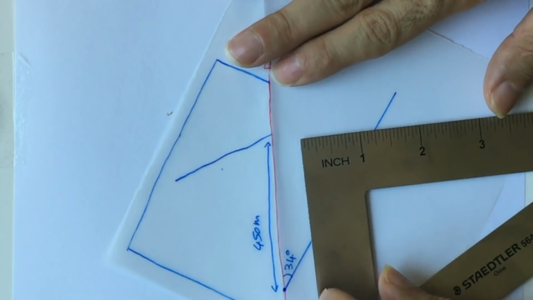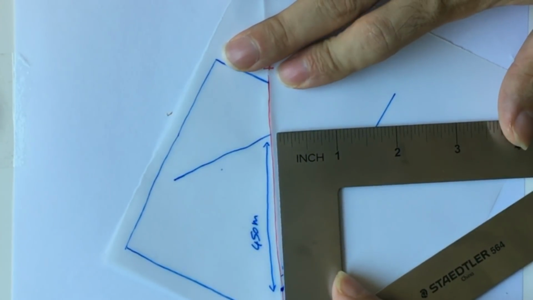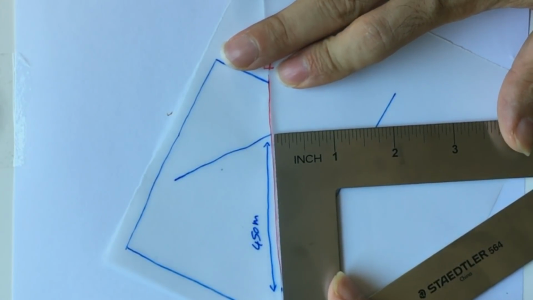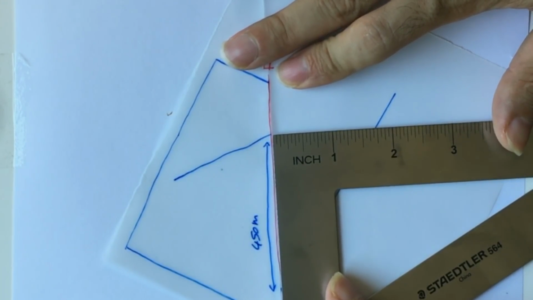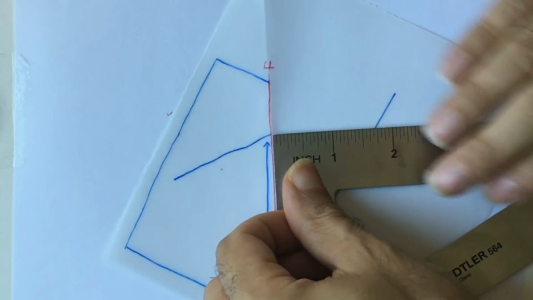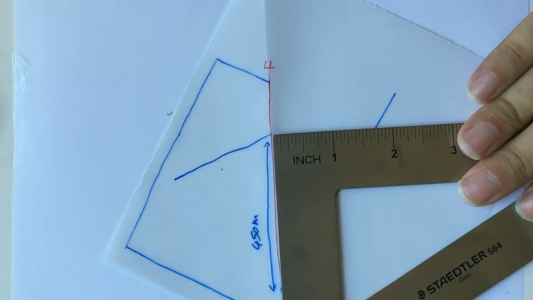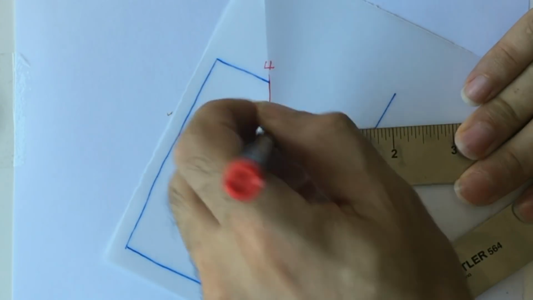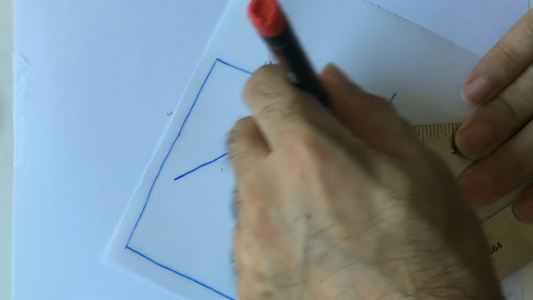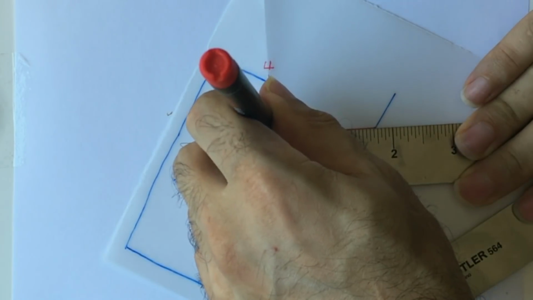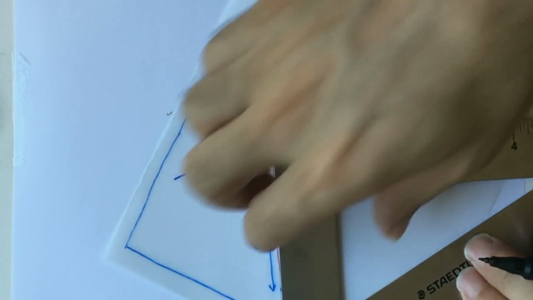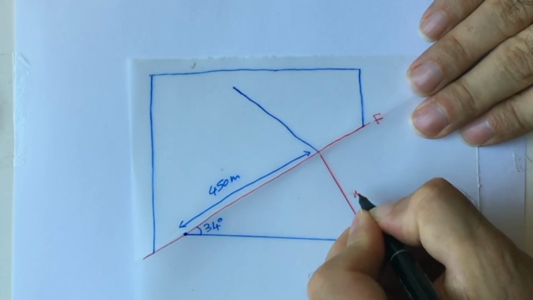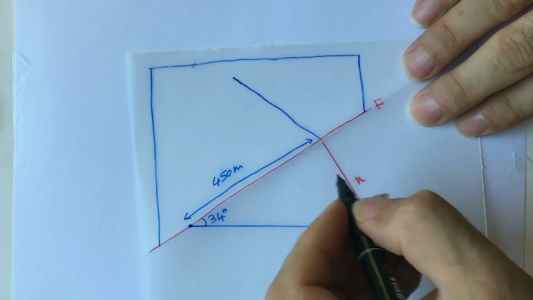So I take my ruler, place it along the fault plane here, and draw a vertical line to the fault trace. This is the maximum or total slip movement if the rake is 90 degrees. So I need this one, X.